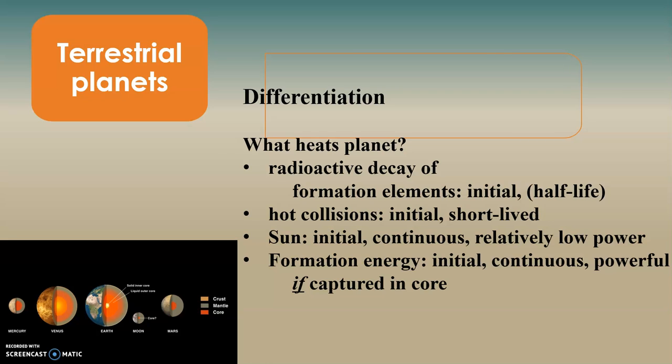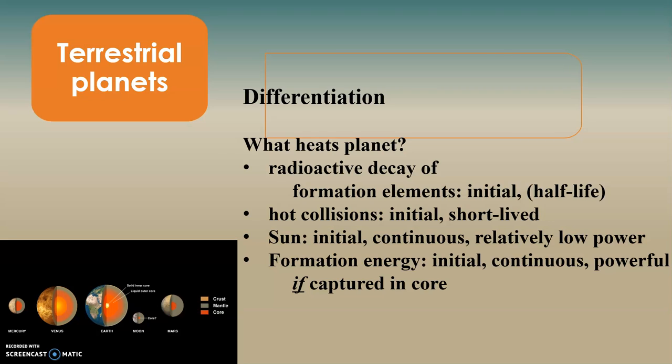The sun is relatively low power when we compare it to radioactive decay. When we compare it to massive asteroids and space debris colliding with our planets, the sun's continuous energy is relatively low power.